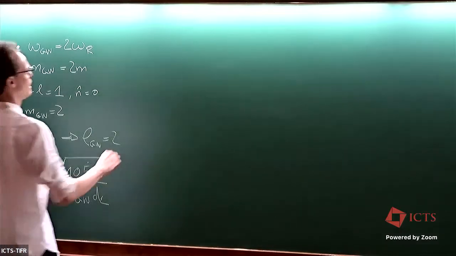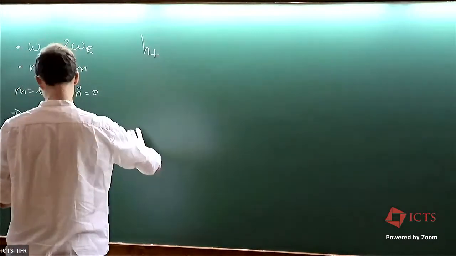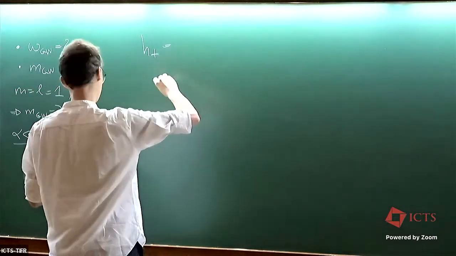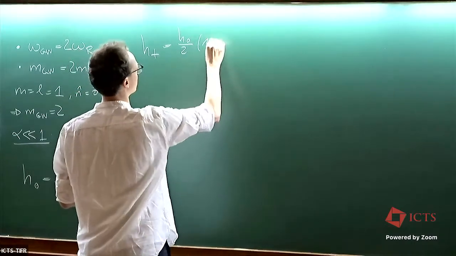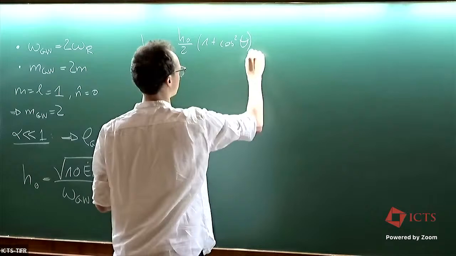And then the plus polarization for this 2,2 is basically just h0/2 times (1 plus cos squared theta).